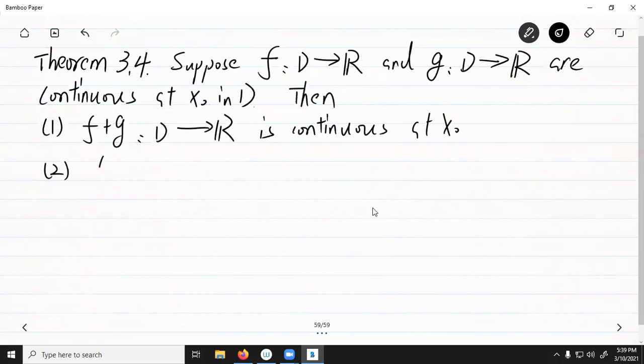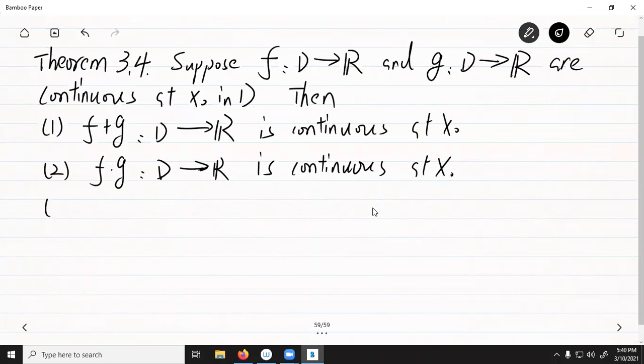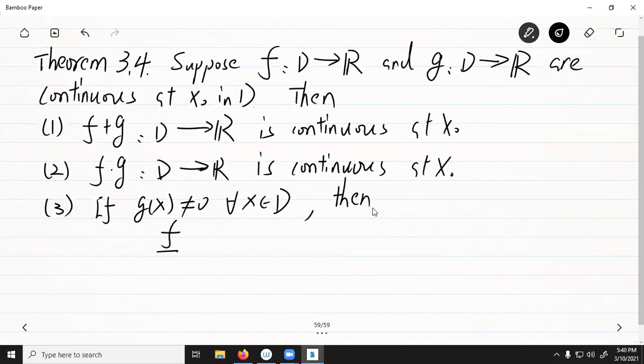2, f times g, which is also a function from D to R, is continuous at x0. 3, if g of x is not equal to 0 for any x in D, then f over g, which is from D to R, this function is continuous at x0.